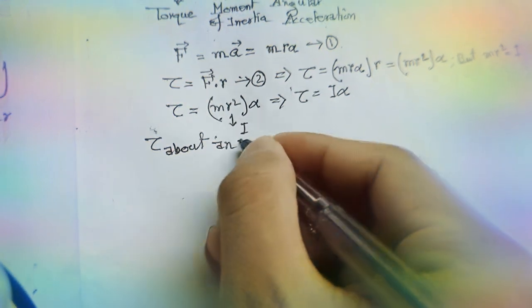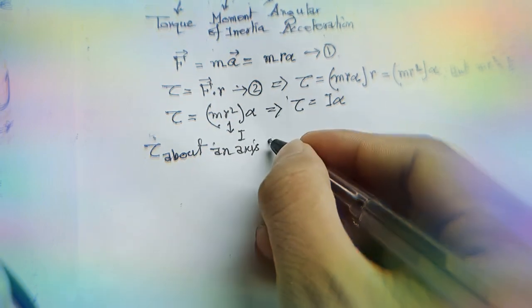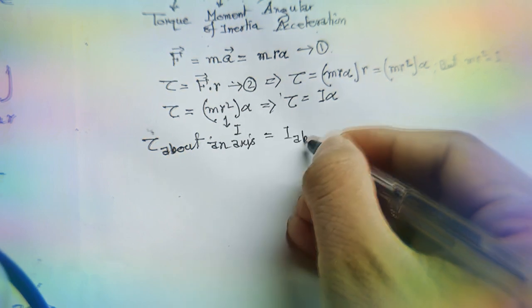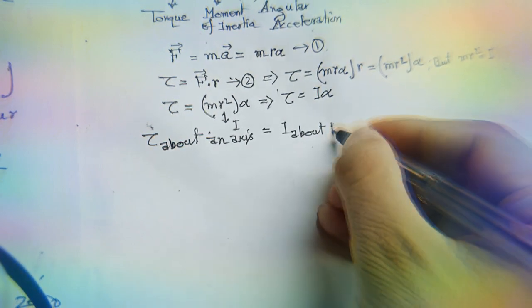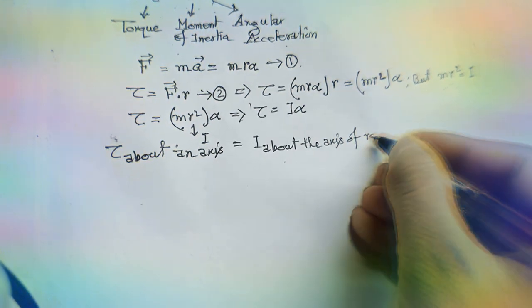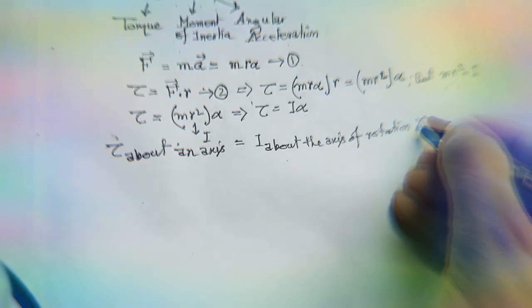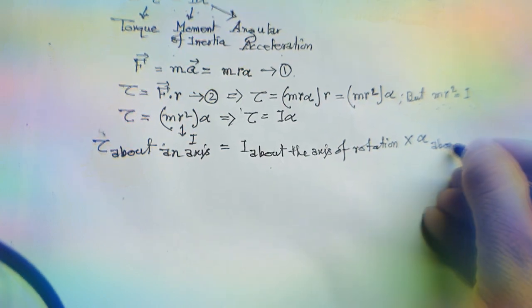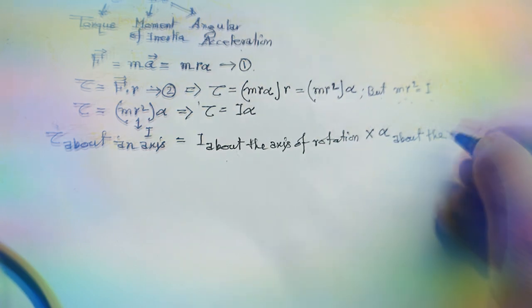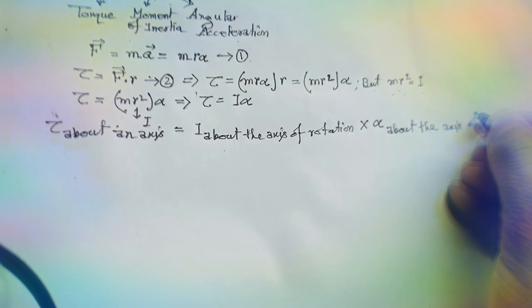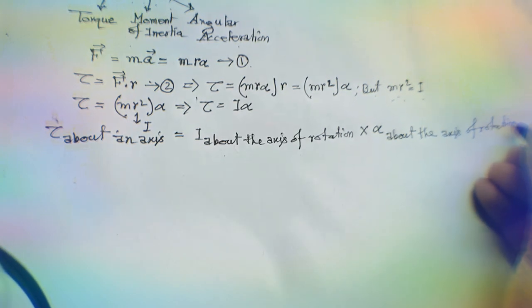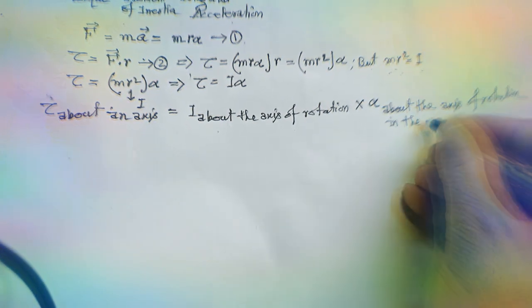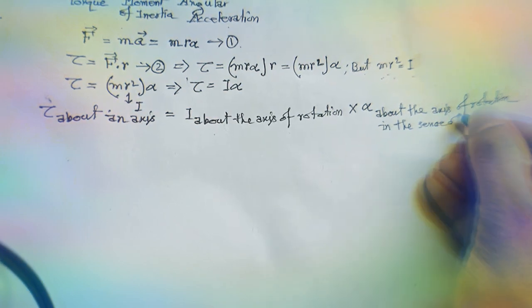Or more simply we can write the torque equation as torque about an axis equals I about the axis of rotation multiplied by alpha about the axis of rotation, in the sense of alpha, in the sense of tau.